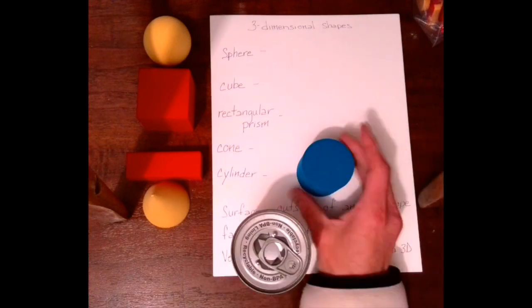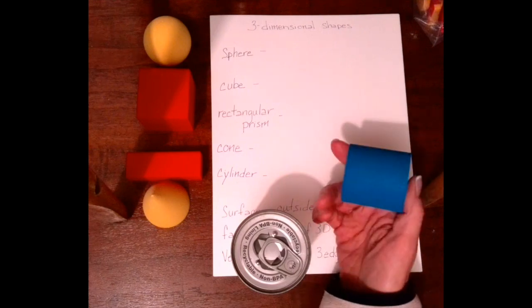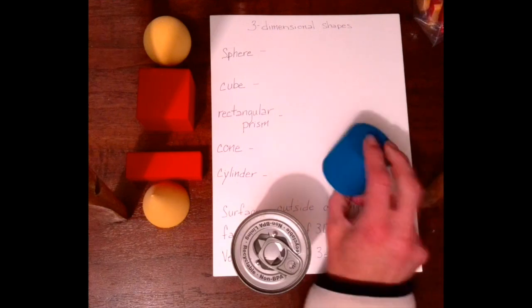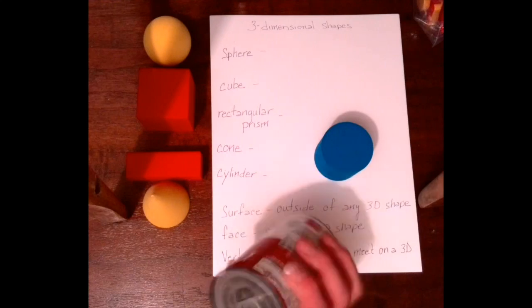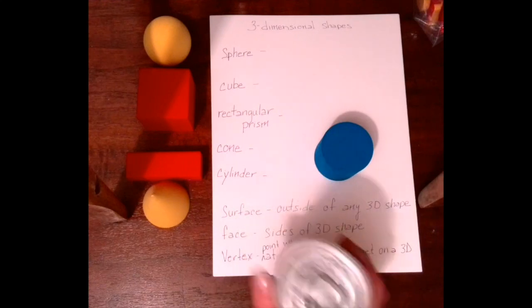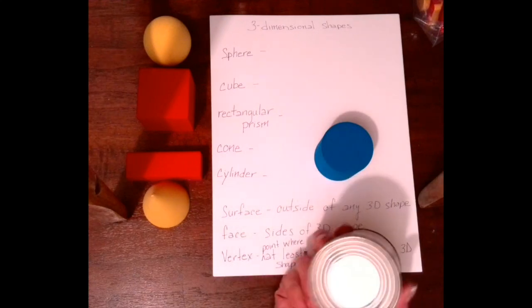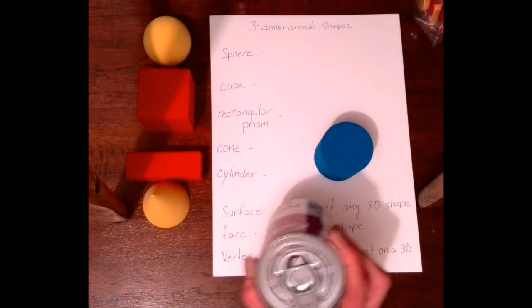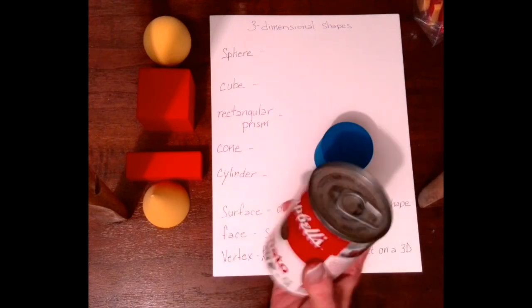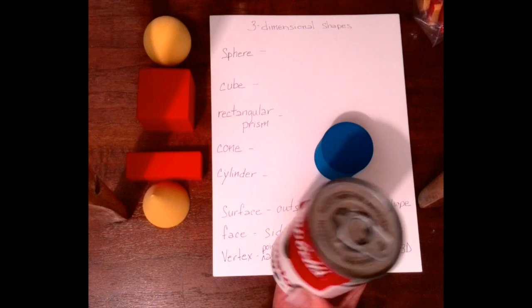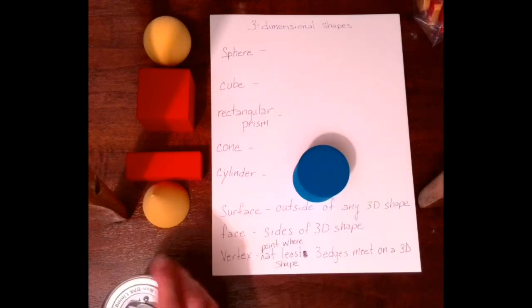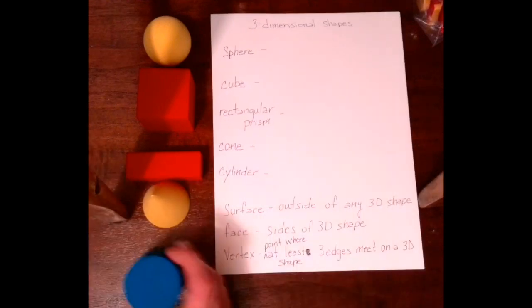Also, I could tell you that this cylinder is made out of foam. This cylinder is made out of tin. Those are non-defining attributes. It describes this object, but it doesn't tell you that it's a cylinder.